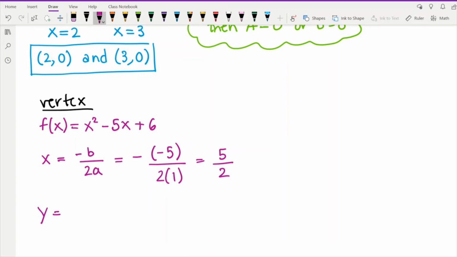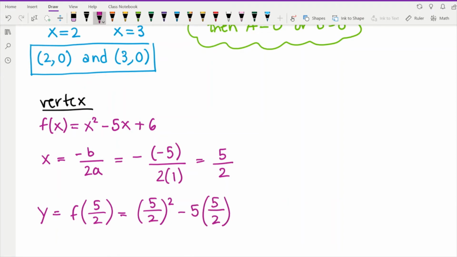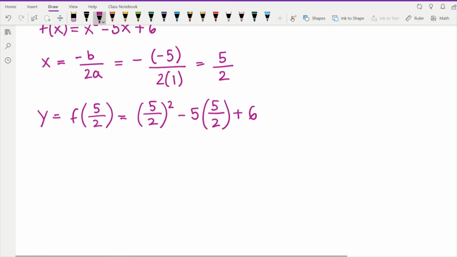And then to find the y coordinate, we just plug that number in. So we're going to do f of 5 over 2. And so that is equal to 5 over 2 squared minus 5 times 5 over 2 plus 6. So just got to do a little bit of fraction work here. So 5 over 2 squared, that's 25 over 4.